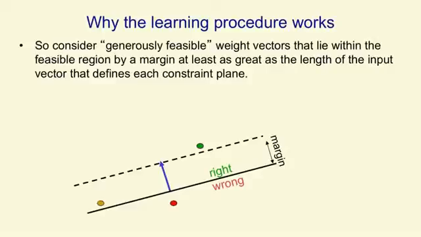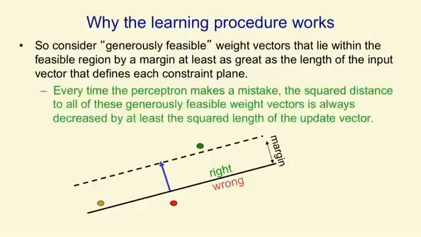And now our proof will work. Now we can make the claim that every time the perceptron makes a mistake, the squared distance to all of the generously feasible weight vectors will be decreased by at least the squared length of the input vector, which is the update we make.